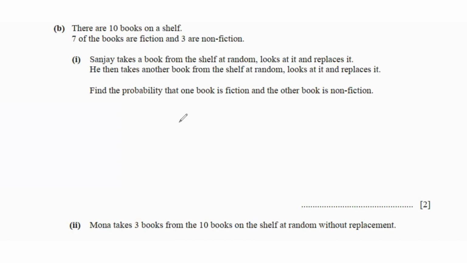So what we're going to do is, one of the books is supposed to be fiction and the other is non-fiction. So for fiction, that's 7 over 10. And for non-fiction, that's 3 over 10.